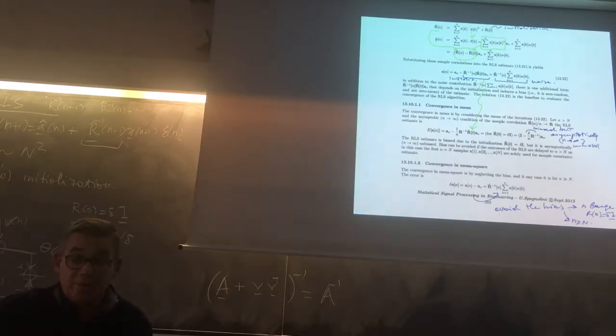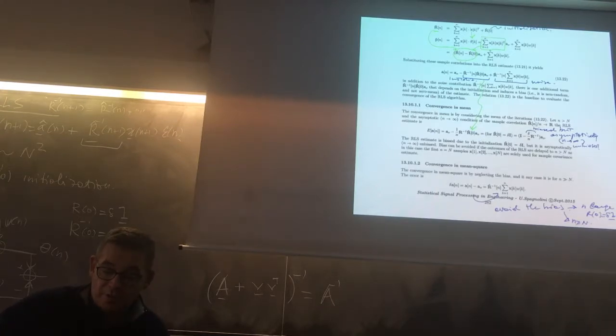Regardless of that, I can assume that the bias is negligible. If the bias is negligible, then the convergence in the mean square depends only on the noise term, which is that.